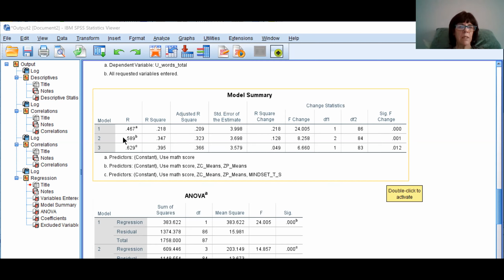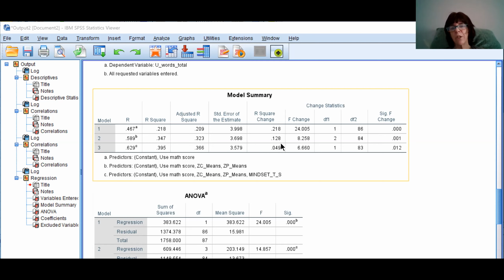The second model, where we added in two additional variables about the specific analyses, accounts for 35% of variability in language use. So about a third of their language use is accounted for by what we know about their general math skill and their specific procedural and conceptual knowledge on these four problems.